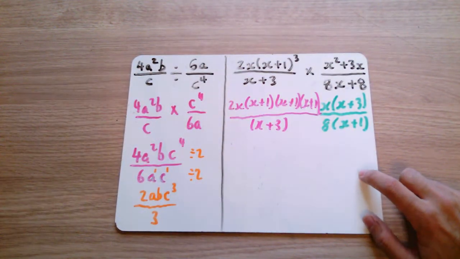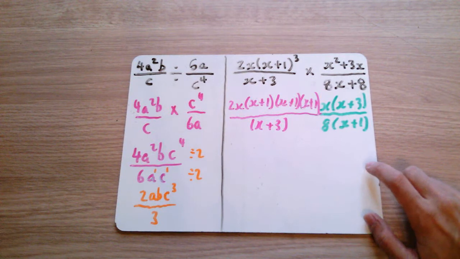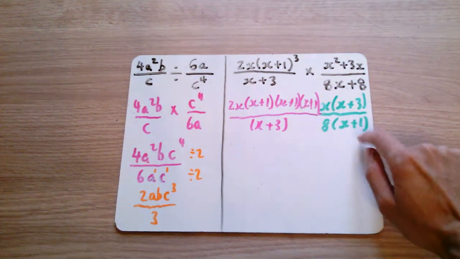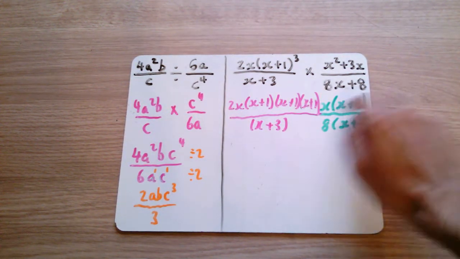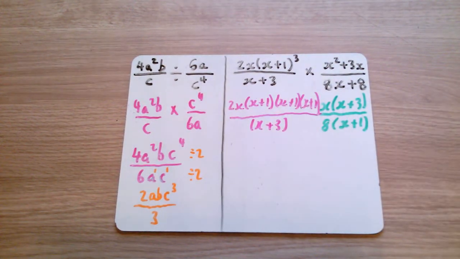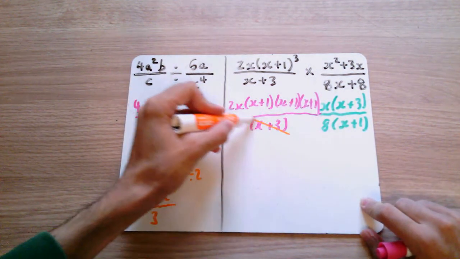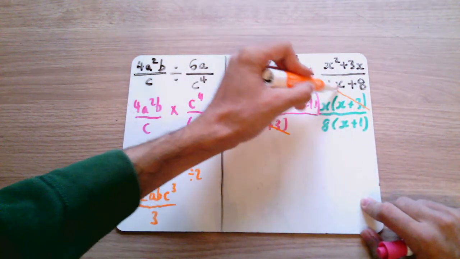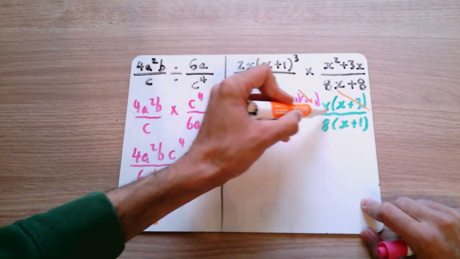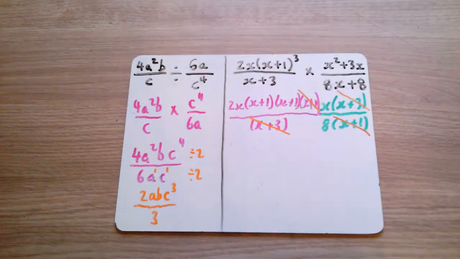Now, what some of us may notice if we look at the top, we've got an x plus 1 and an x plus 1 over here, and an x plus 3 and an x plus 3 over here. That means that we can actually cancel out some of these things over here. If we cancel out our x plus 3 with our x plus 3 and cancel out our x plus 1 with our x plus 1, we can now tidy this up again on the top.